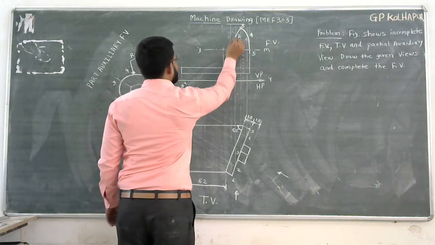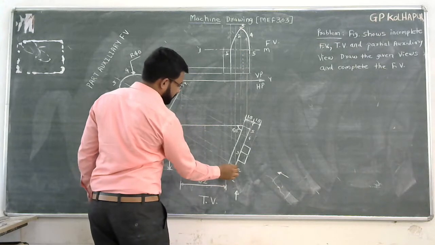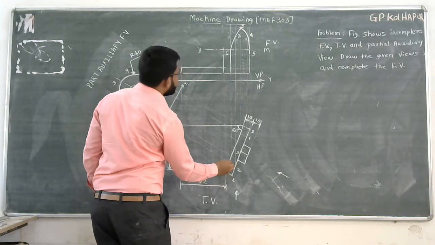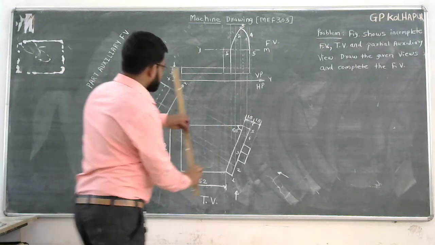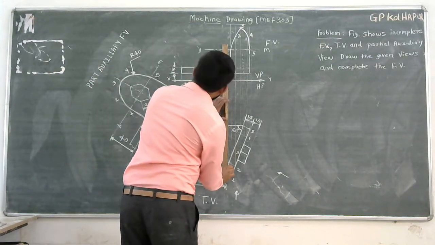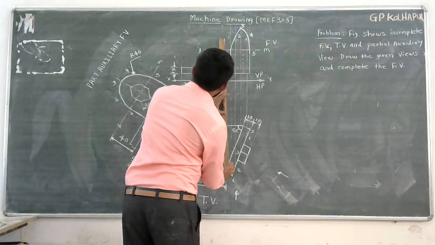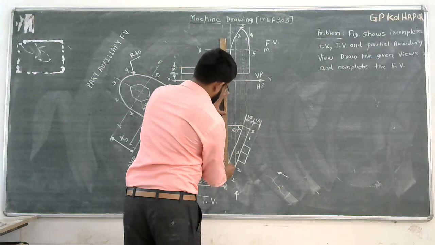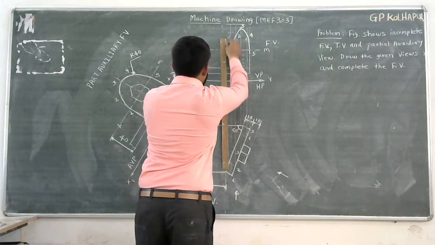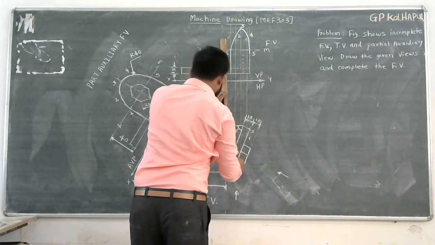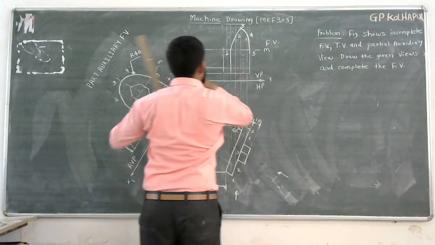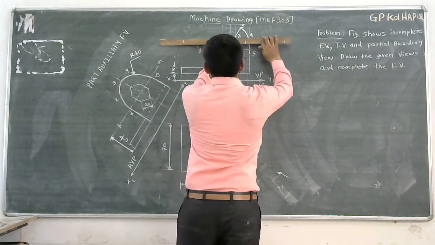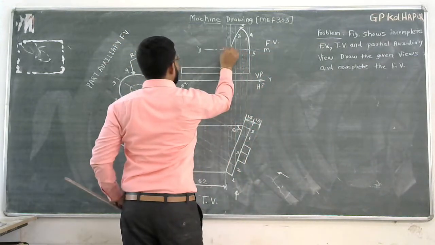You have to only transfer 2 points. From this point you have to draw the projector. Draw the projector from back surface. This is front surface, I will draw. Similarly, I will draw for back surface. This is back face. For back face, draw the projector. I have drawn the projector from this point 2 and mark the point.